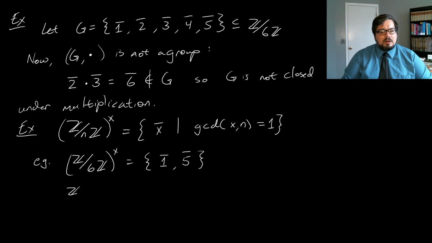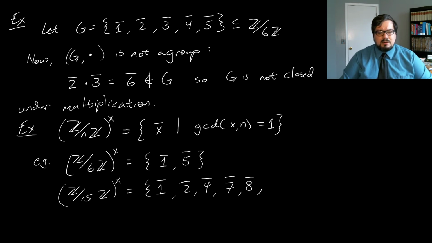For a more complex example, we can look at Z mod 15Z cross. This is going to contain 1 bar, 2 bar, not 3 bar, 4 bar, not 5 bar or 6 bar, but 7 bar, 8 bar, not 9 bar or 10, but 11 bar, not 12, 13 bar, and 14 bar.